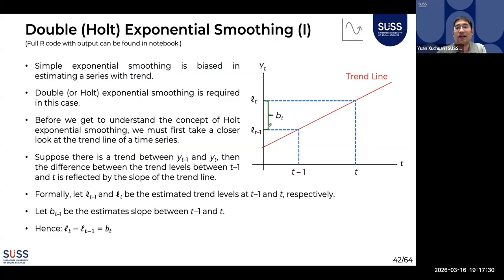Then we consider, if your data have a trend, right? When you use exponential smoothing, you want to smooth the data, and there may be cycles and fluctuations. Now if your data also have trend, we can use this double exponential smoothing method, okay?